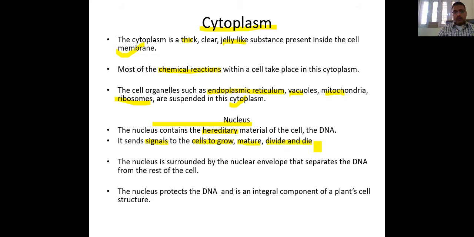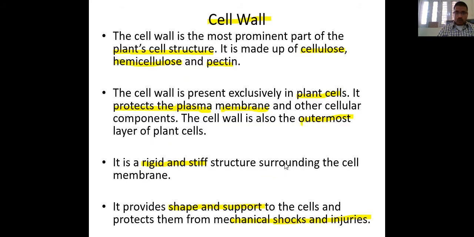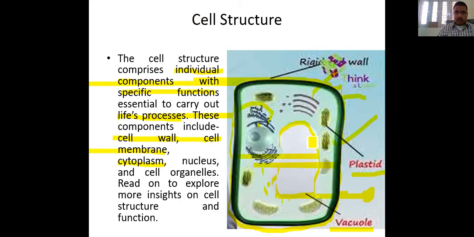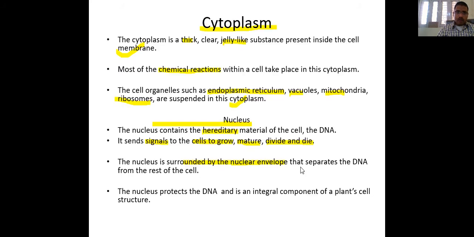The nucleus is surrounded by an envelope, which I want to show in this figure here. This is the nucleus. This outer layer is what we call the nuclear envelope, which separates the DNA from the rest of the cell.